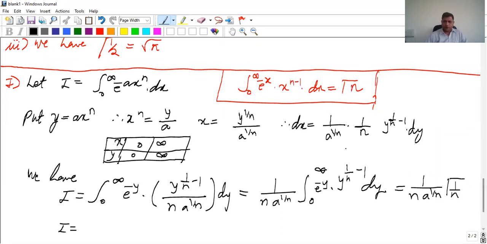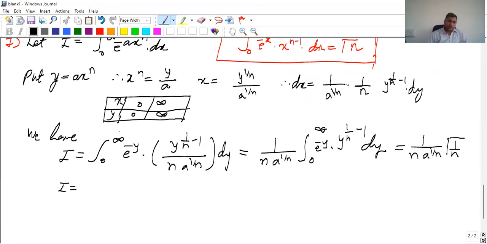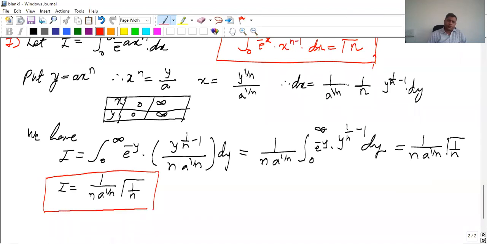Okay, so here we have n, here we have 1 by n. If we compare these two integrals, then instead of n, we have 1 by n. So it will become gamma of 1 by n. So this integral becomes 1 upon n a raised to 1 by n, and here we have gamma of 1 by n, provided that this n is positive, because without n being positive, we cannot have the definition of gamma function.